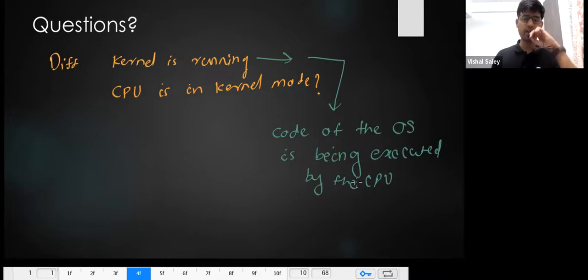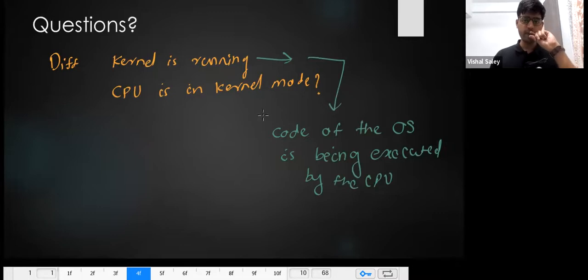Whenever we say the kernel is running or some process is running, it means that the CPU at that particular moment is executing the code of that particular process or program. So in this case, operating system code is currently running on the CPU.